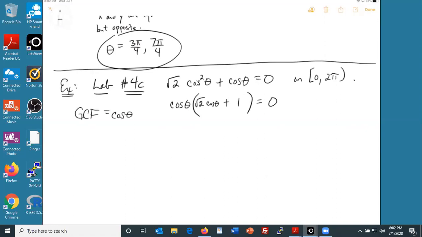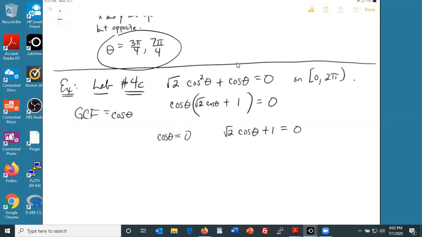When I factor out a cosine from both terms, I'm doing the opposite of the distributive property. So here, cosine times cosine gives me cosine squared. Cosine times 1 gives me cosine. So the factoring looks good. All right, so we factored that. And now, like the other problems, separate the factors now and set them to 0. And now you got 2 pieces to solve separately.